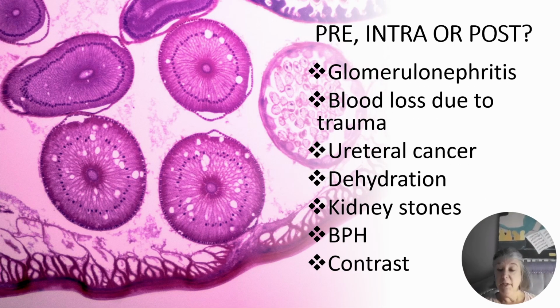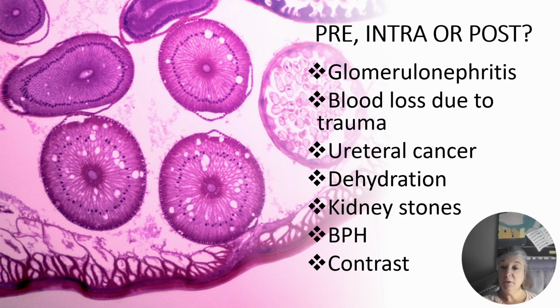Simple. Here's a little slide that goes over pre, intra, and post. Glomerulonephritis. So this is inflammation of the glomeruli. So this is going to be intra because that is part of the kidneys. Blood loss due to trauma. That is going to be pre, right?